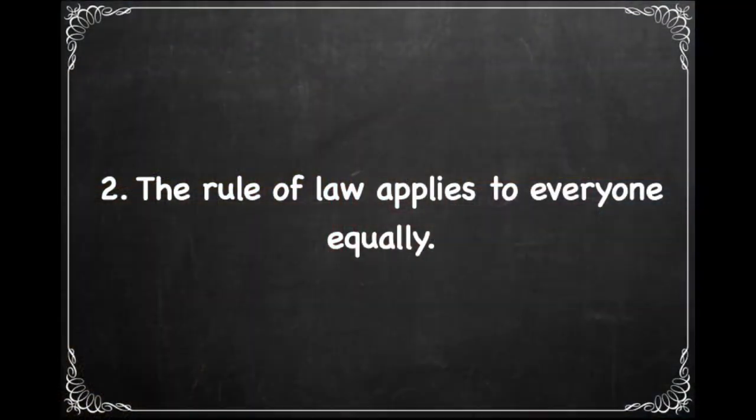The second principle is that the rule of law applies to everyone equally. So whether you're rich or poor, white or Black, or you have a disability, or your religion or your gender, whatever the case is, it should apply to everyone.